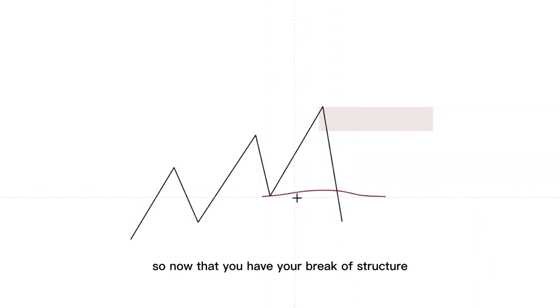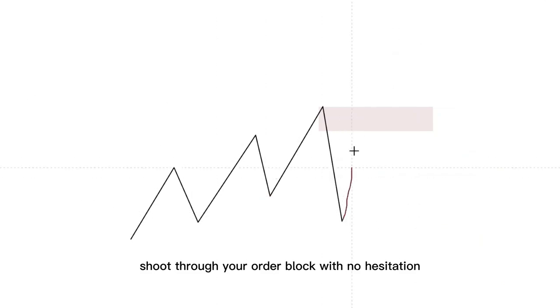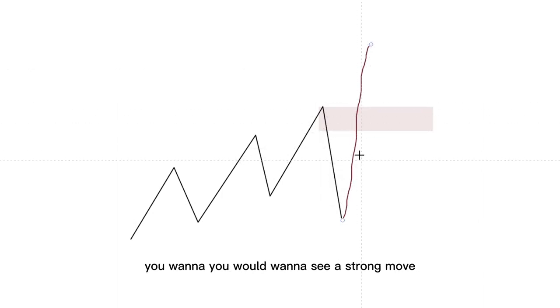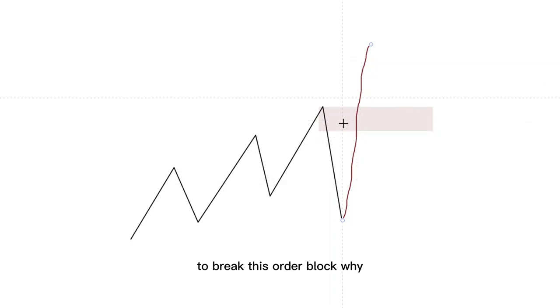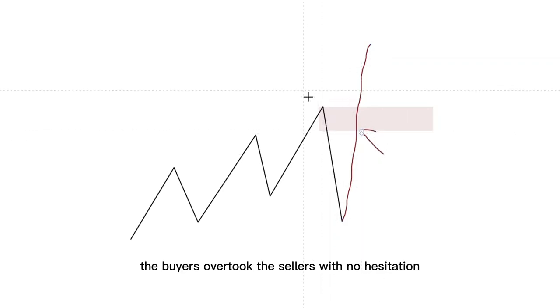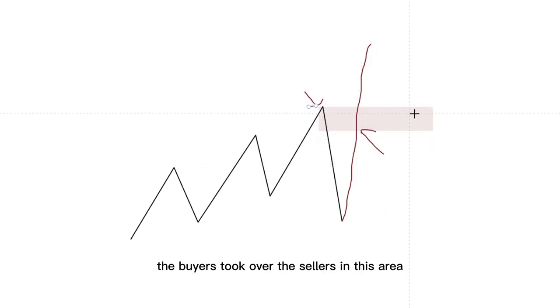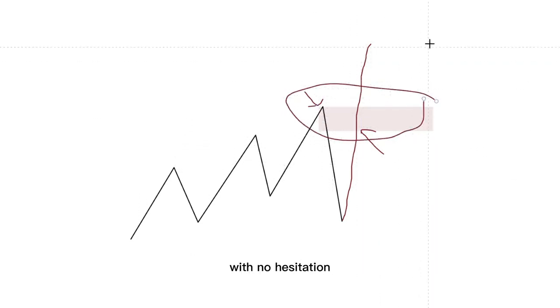So now that you have your break of structure, you would want to see price shoot through your order block. With no hesitation, you would want to see a strong move to break this order block. Why? Because this will indicate that in this area here, the buyers overtook the sellers with no hesitation. So the fact that the buyers took over the sellers in this area with no hesitation, what does that mean?